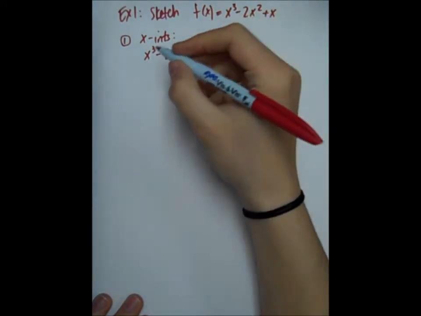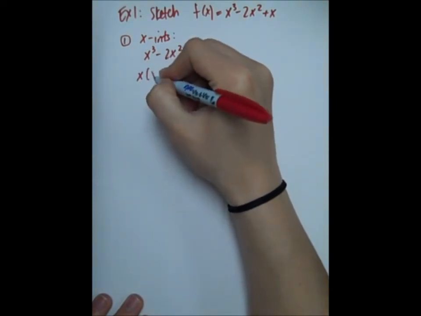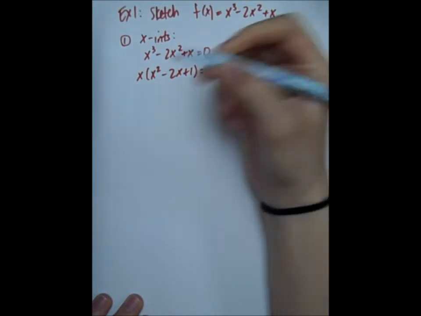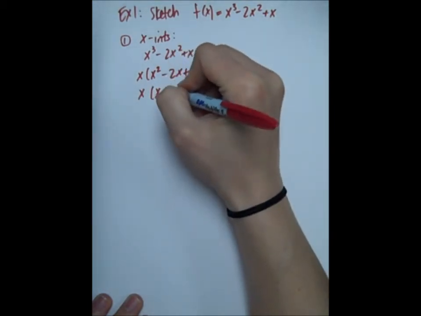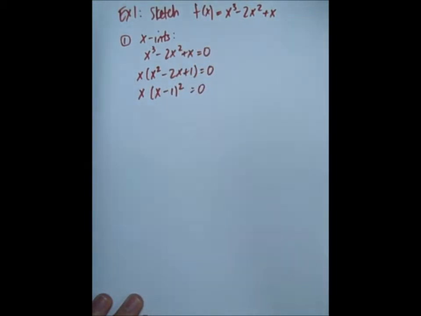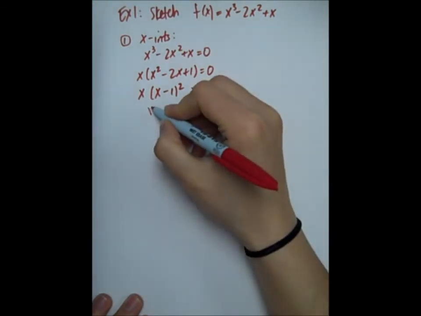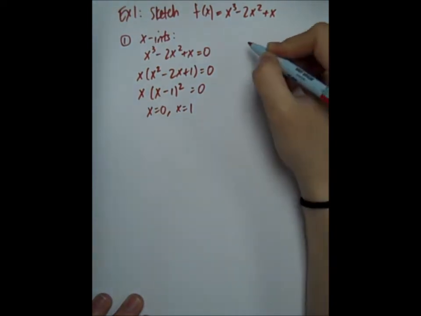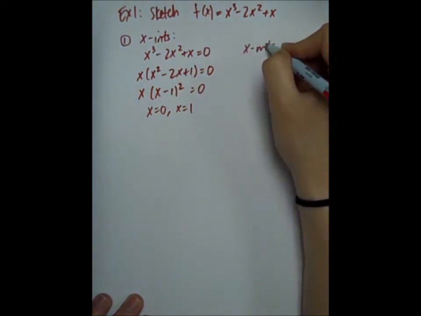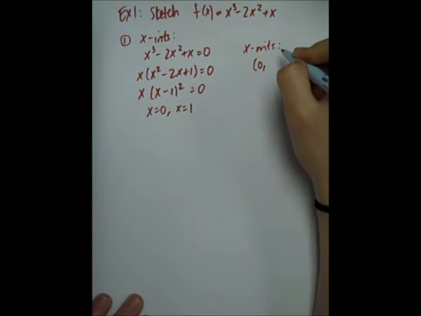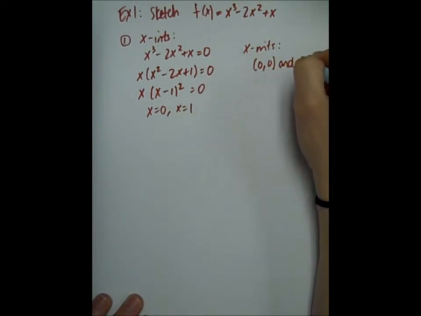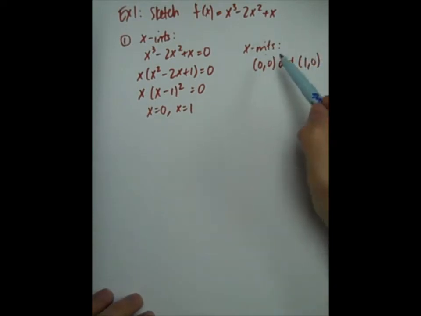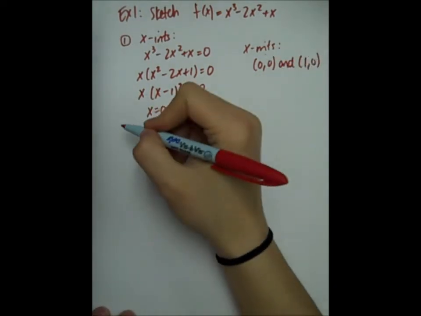To solve this for x, I'm going to factor it. So this will be x times x squared minus 2x plus 1, which is x times x minus 1 squared, which tells me that x is 0 or x is 1. So my two x-intercepts are going to be 0, 0, and 1, 0. The y value is always 0 for your x-intercepts.